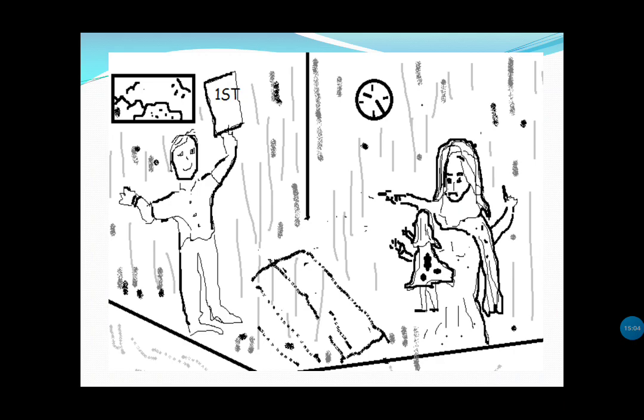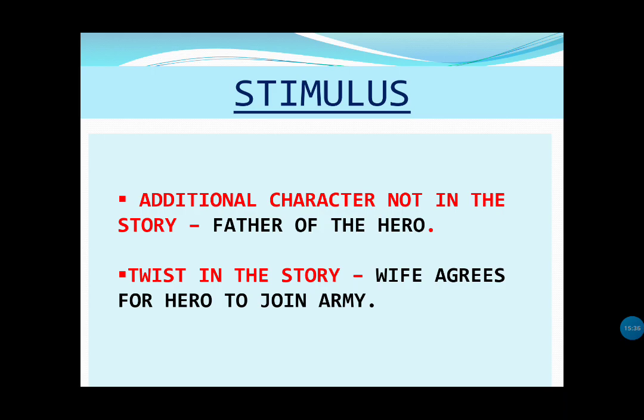His wife is not happy, but then he says that his father always wanted him to join the army. Now the father is a stimulus. He is not shown in the picture. So as per his wishes, he tried the competition, he tried that test and he passed it, and he will be joining the army. The wife also agrees subsequently. So these are the stimuli I have used in the whole situation.